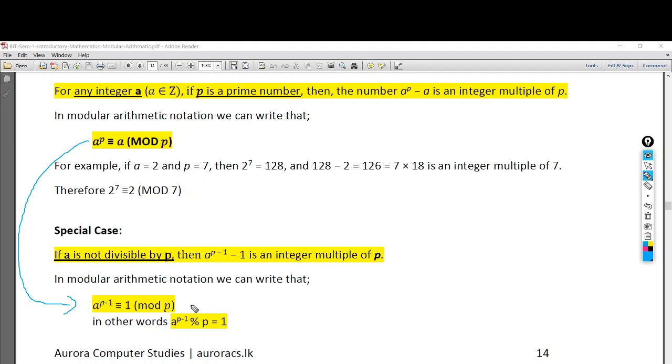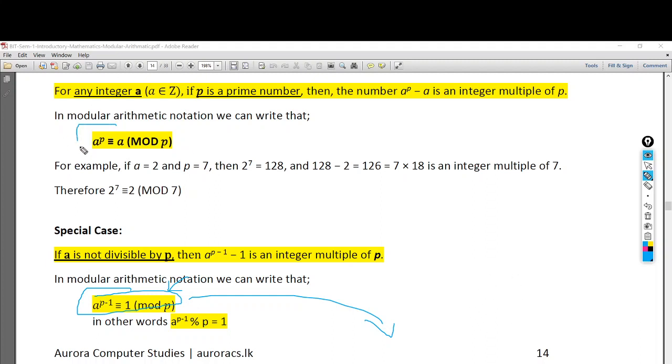That special case we can use to calculate inverse of numbers. If you want to find the inverse of x, we can use this special case of Fermat's little theorem. Don't worry too much about remembering this one, because we are going to use a variation of this theorem to easily calculate some inverse values.